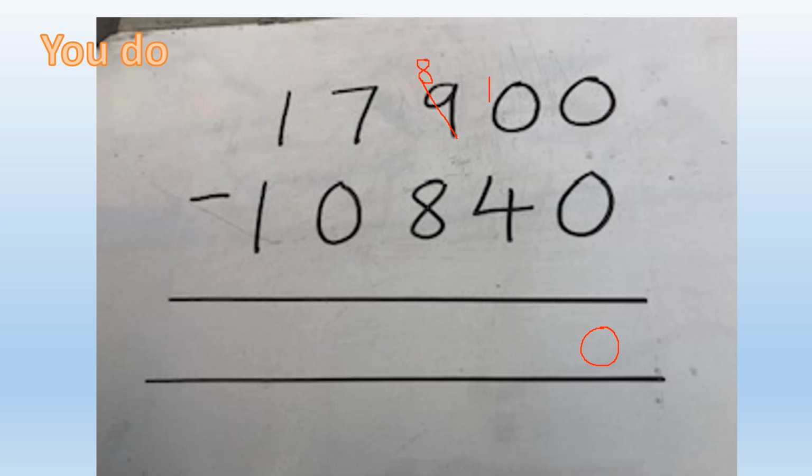Okay, 10 tens take away 4 tens is 6 tens. 800 take away 800 is nothing. 7,000 take away nothing remains 7,000, and 1 take away 1, there's nothing there. So the answer is 7,060.